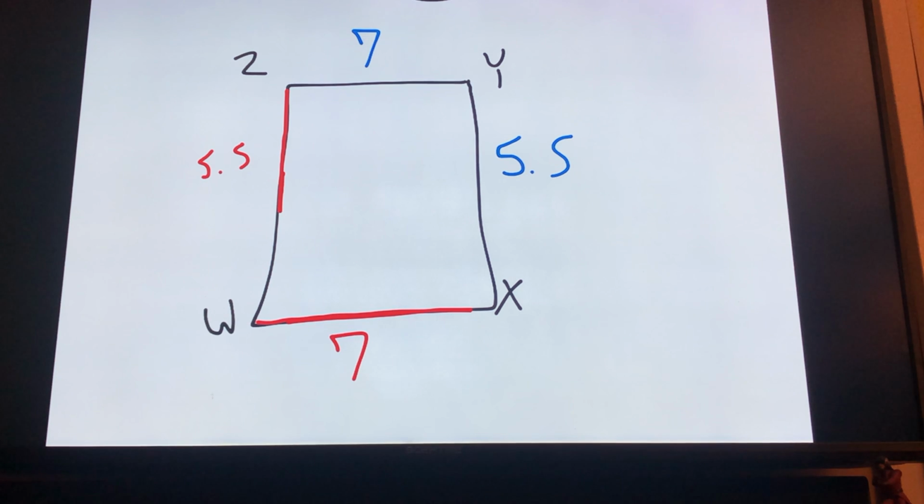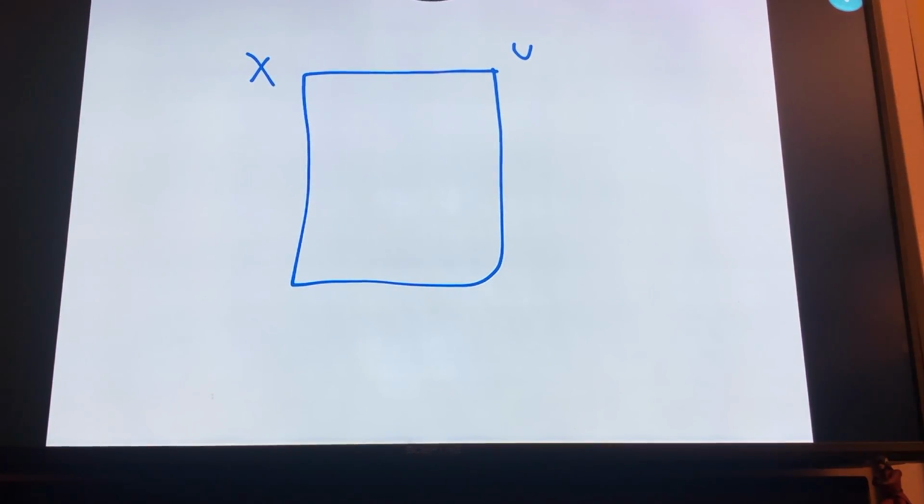I didn't write it exactly the way they did in the book, so hang on, I'll write it the way they have it so you can see it again for another rectangle. They had X, Y, W, Z, and they said that on theirs, WX is 7 and WZ is 5.5. It doesn't even matter. The same concept applies, alright?